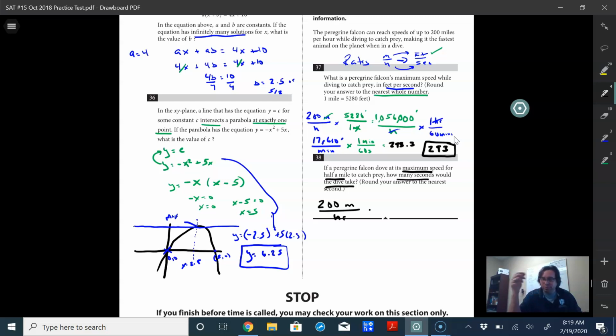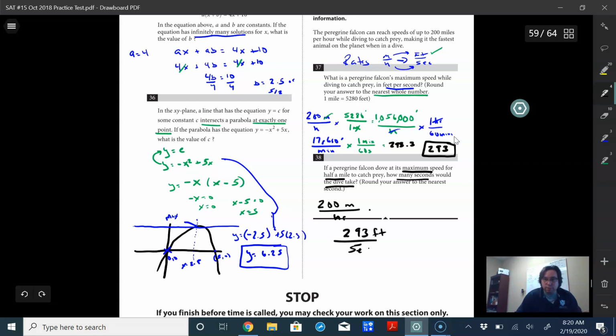Well, it's in feet and miles, and we don't necessarily want to be in that. We want to know how many seconds it would take. So we see up top that we've discovered it dives at 293 feet per second, right?